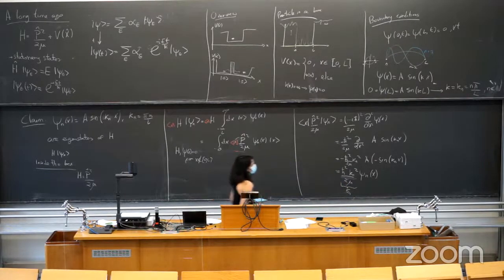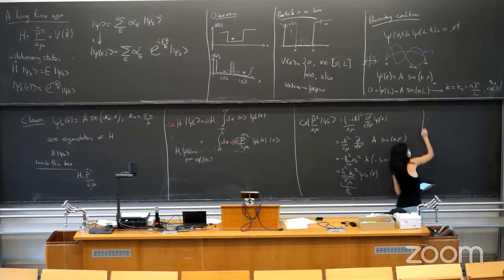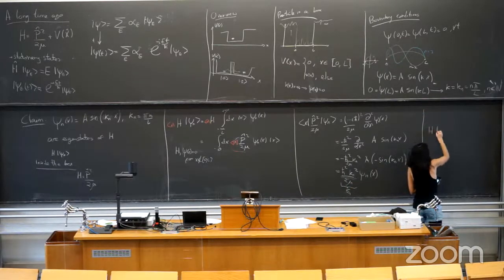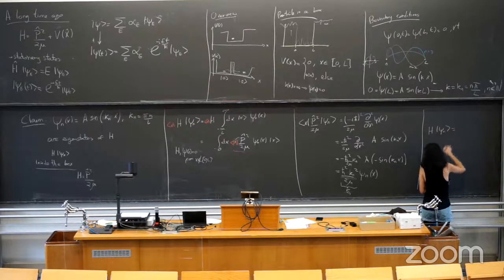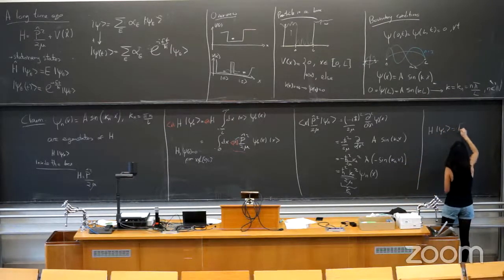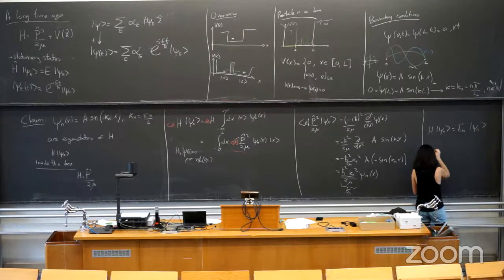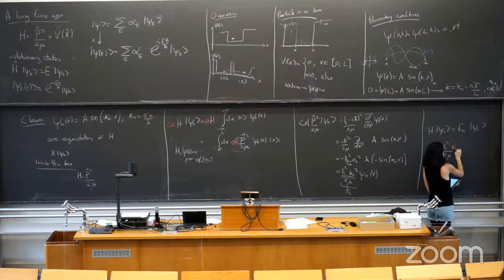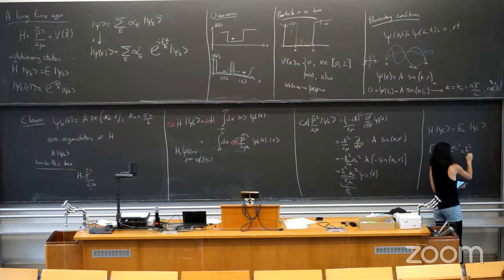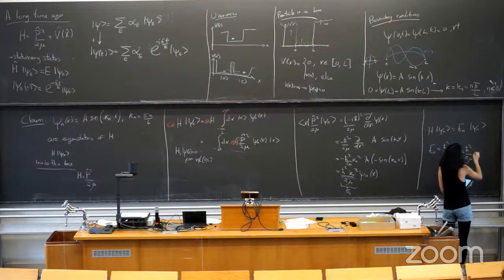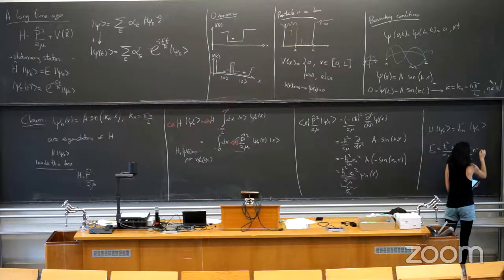So the conclusion is H psi n equals E n psi n, with E n being h bar squared over 2 mu, and k n we can replace already. Well, let's put here k n squared: h bar squared over 2 mu, n squared pi squared over L squared.